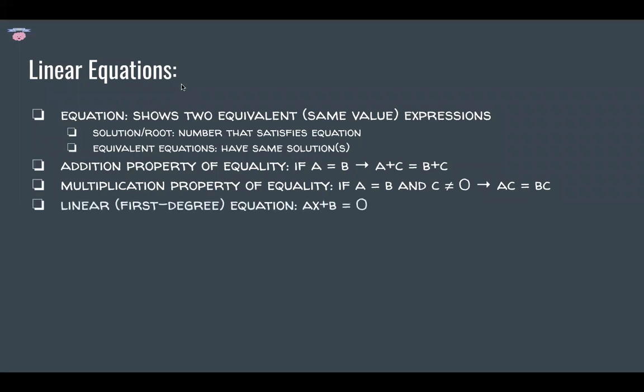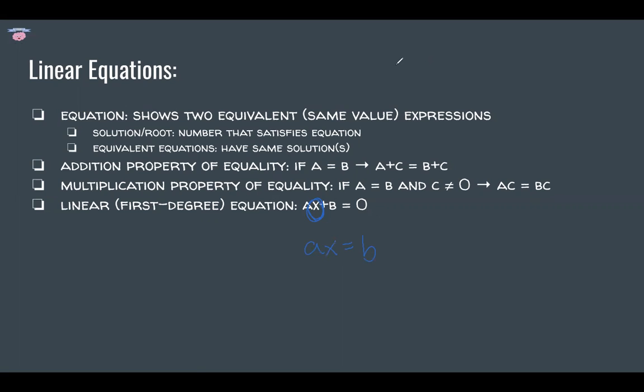So a linear equation is an equation that has the form ax plus b, so it has one variable raised to the first power. And you may also see something like ax is equal to b, but that's just similar to this.